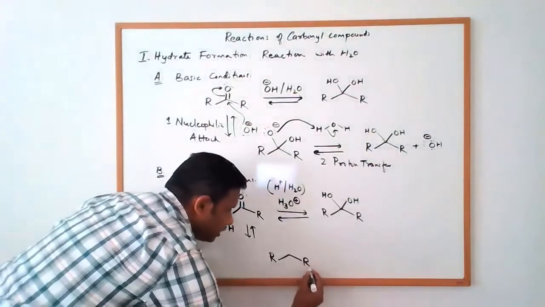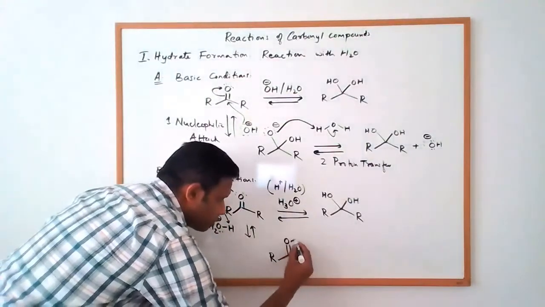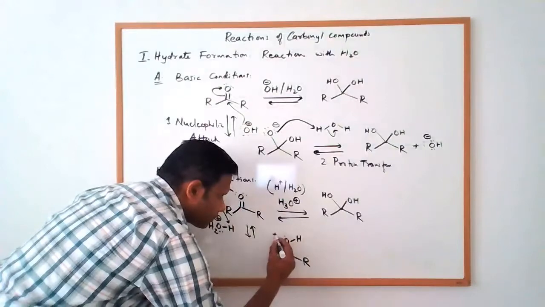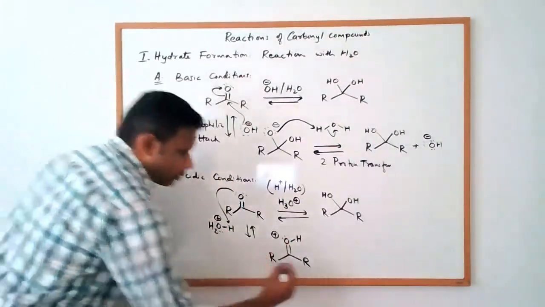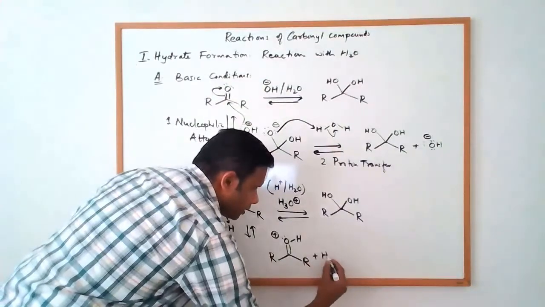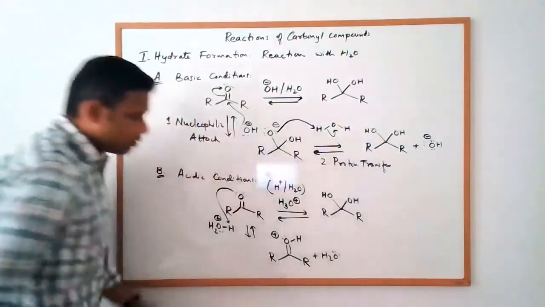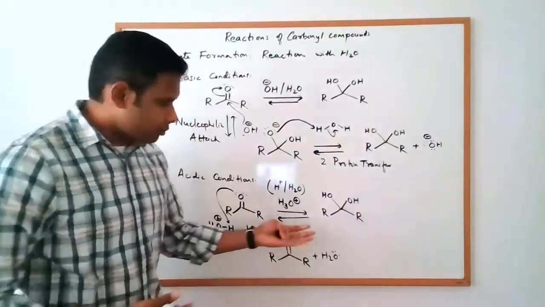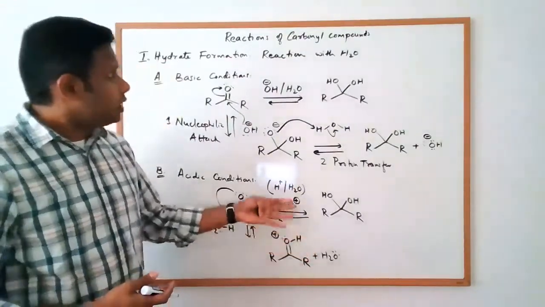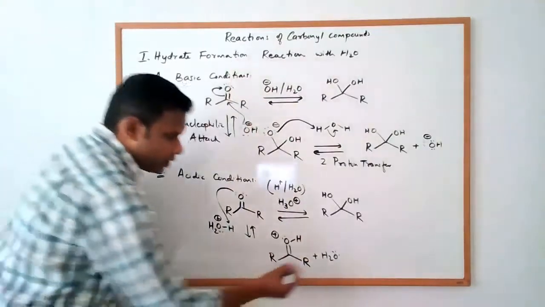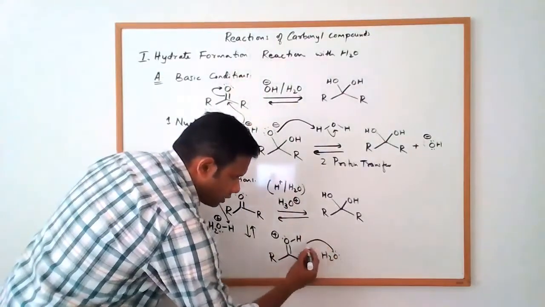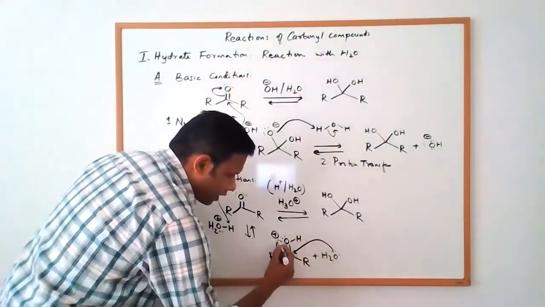So that carbonyl oxygen gets protonated. You get that species. Along with that, you're generating water, but water is there in the system because you're going to do this reaction under aqueous conditions, because this is the reaction with water. And so once you get that, then the nucleophilic attack happens.